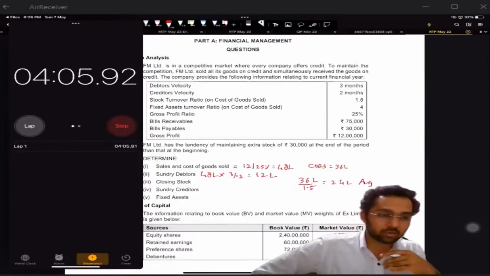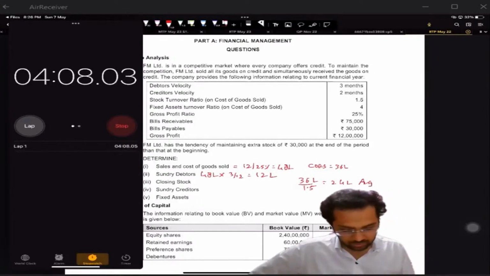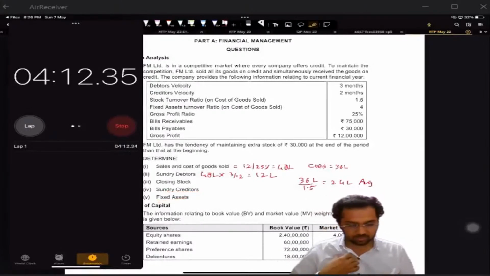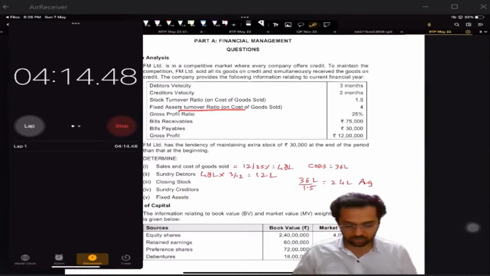Accordingly, you can get the opening and closing figures. For creditors, you need to compute the purchases, and for fixed assets, you can use the fixed asset turnover ratio.